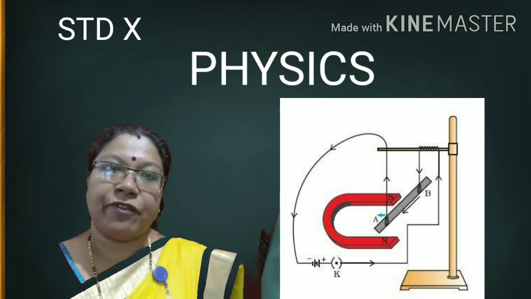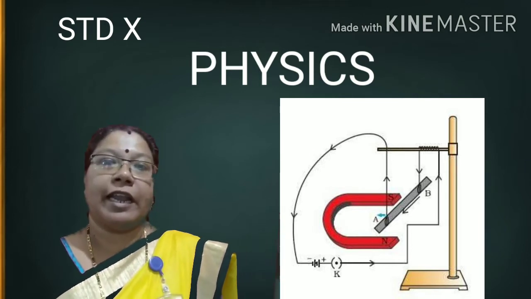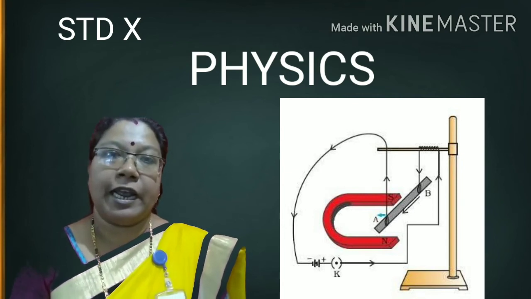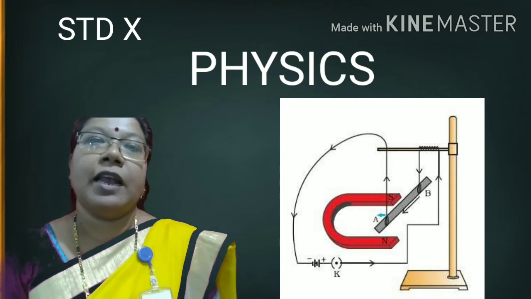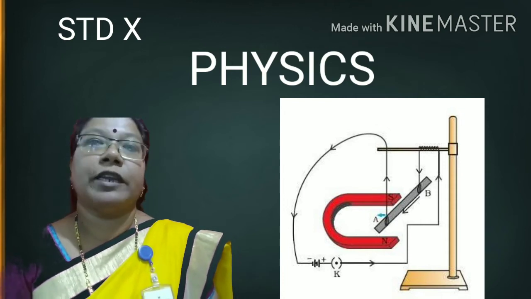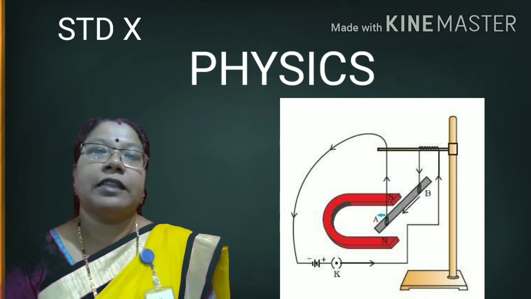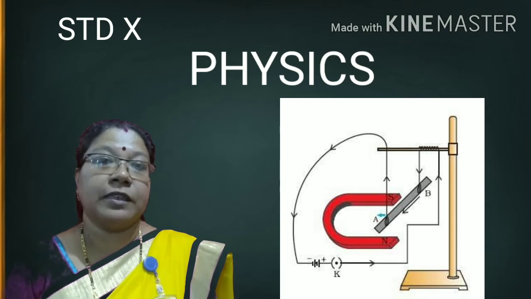So the current carrying conductor deflects due to the force experienced by it. A current carrying conductor placed in between the poles of a magnet, when current passes through it, develops a force, and due to this force, the conductor deflects.